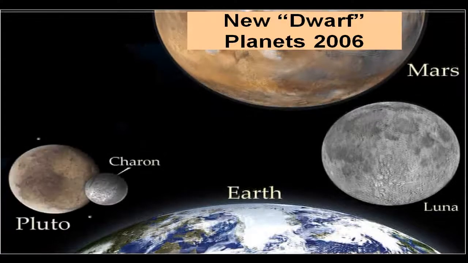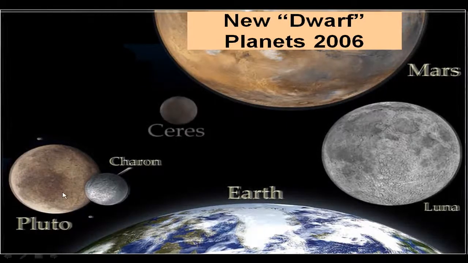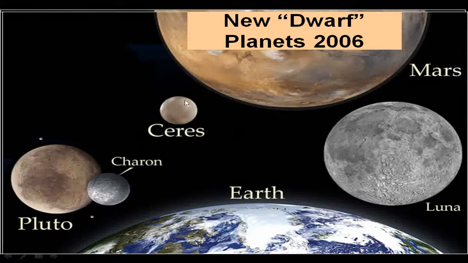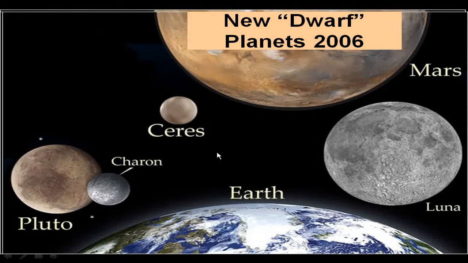So as of 2006, our new dwarf planets are Pluto and Charon, and as such, then Ceres has gained a new status as a dwarf planet, Ceres being the largest asteroid in the asteroid belt between Mars and Jupiter.